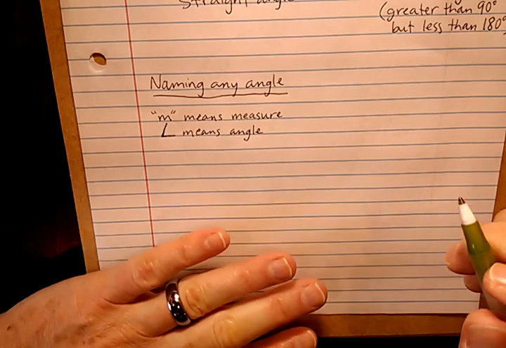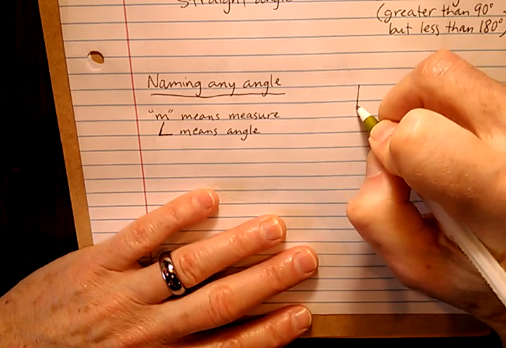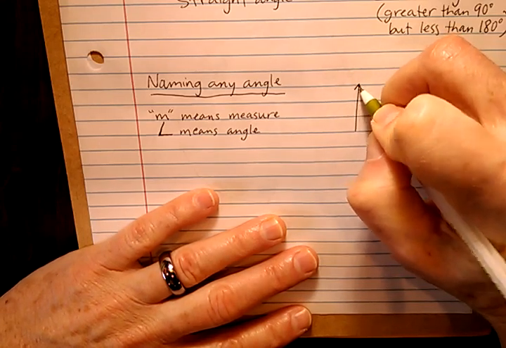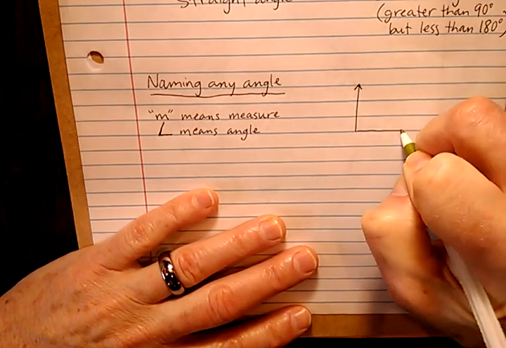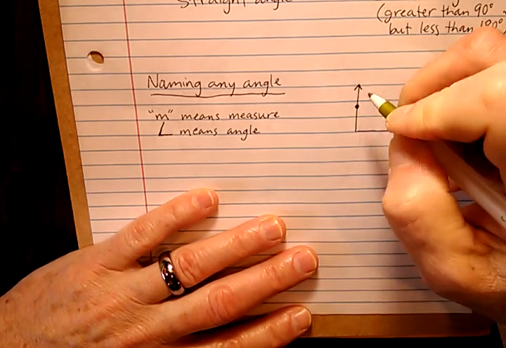All right, let's do an example of how to name an angle. Let's draw one of those 90-degree angles, a right angle. So we'll draw the ray going up and a ray going out to the right. We're going to put some points on these rays.